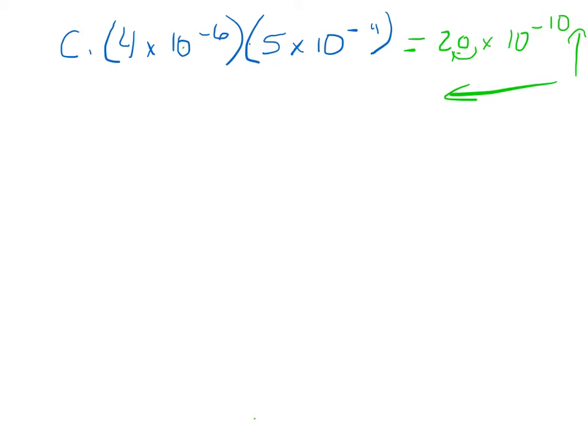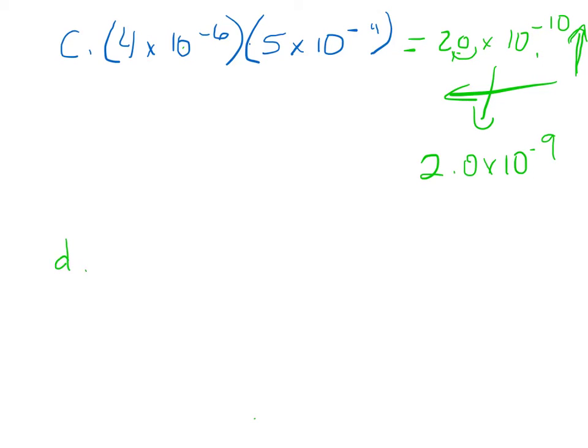So I would rewrite this problem as 2.0 times 10 to the negative 9th. Even though when we see this number go up, we say, oh, well, that should be an 11, but really that's getting smaller. We want to get bigger. So 2.0 times 10 to the negative 9th.